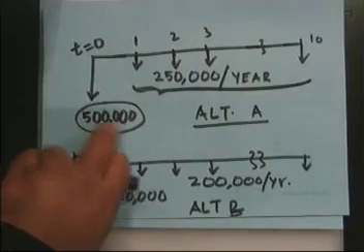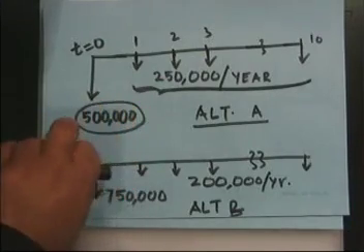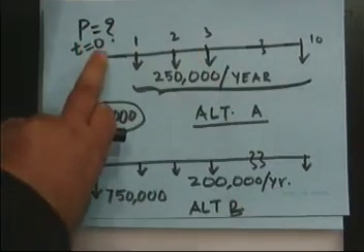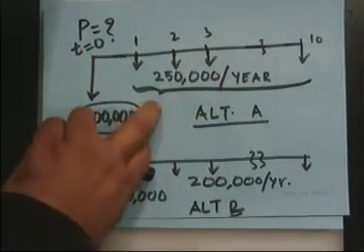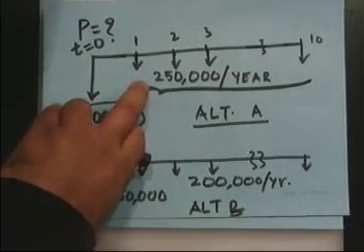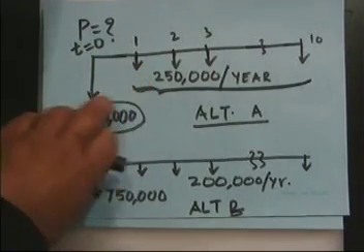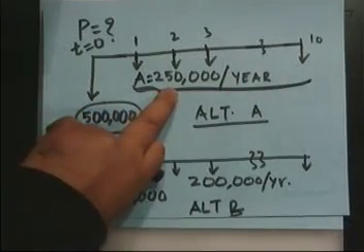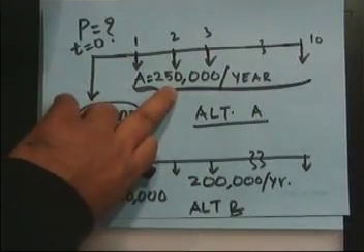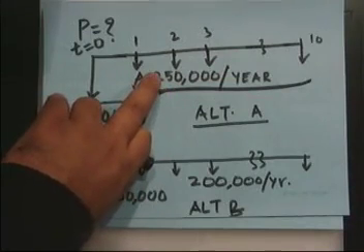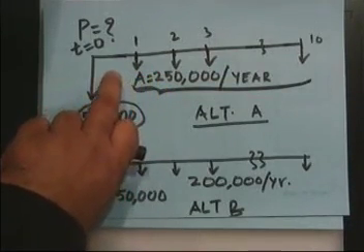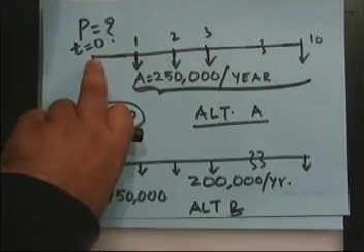That means, I am interested in finding P for an annuity. Why annuity? Because the amount is the same, A, rupees 250,000 every year. So, this amount I am interested in finding its equivalent present value.